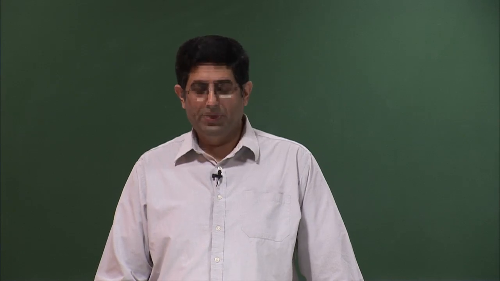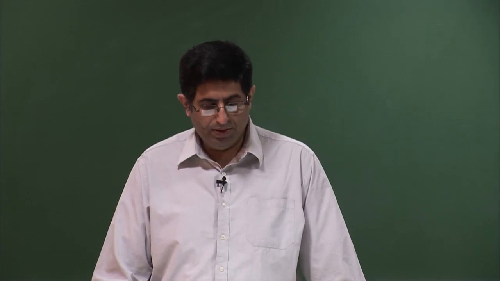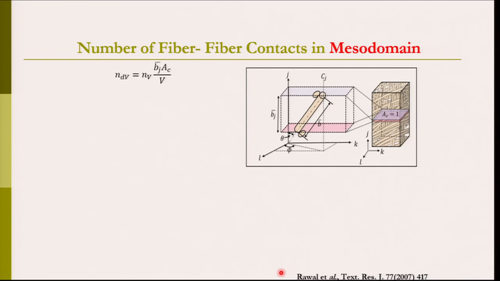So, it is a repeating unit within the fibrous material. So, we basically make use of continuum approach, where we know if you have a smaller volume, then you have less number of contacts. If you have a bigger volume, you have more number of contacts.